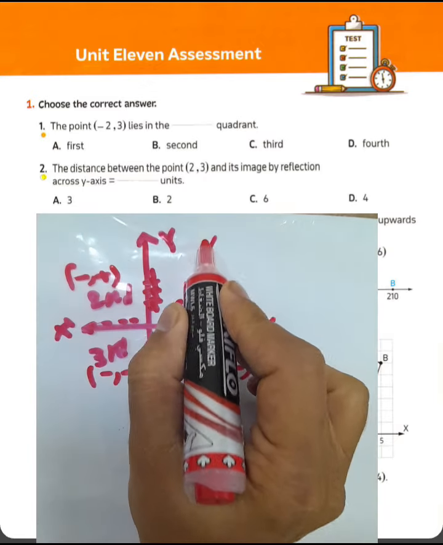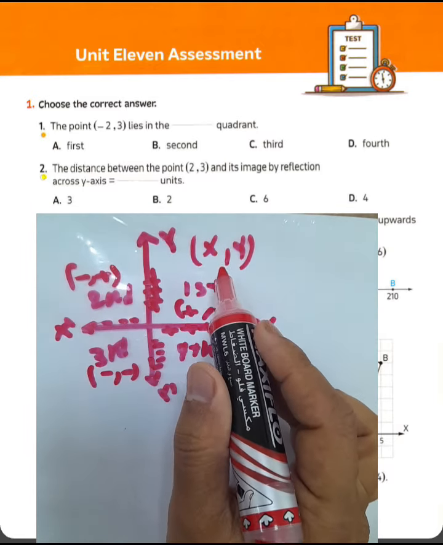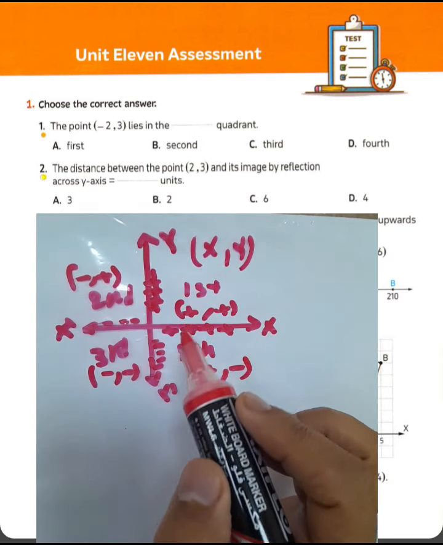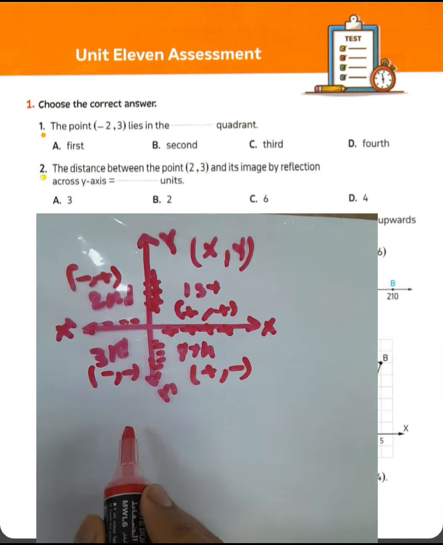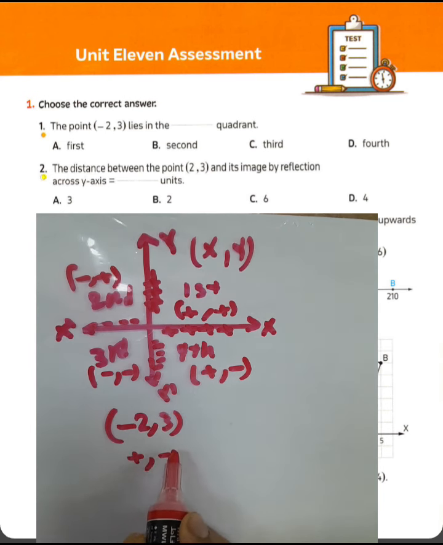We have x and y in order: x is the first projection and y is the second projection. The point was (-2, 3), so the sign is negative and positive, which is in the second quadrant.